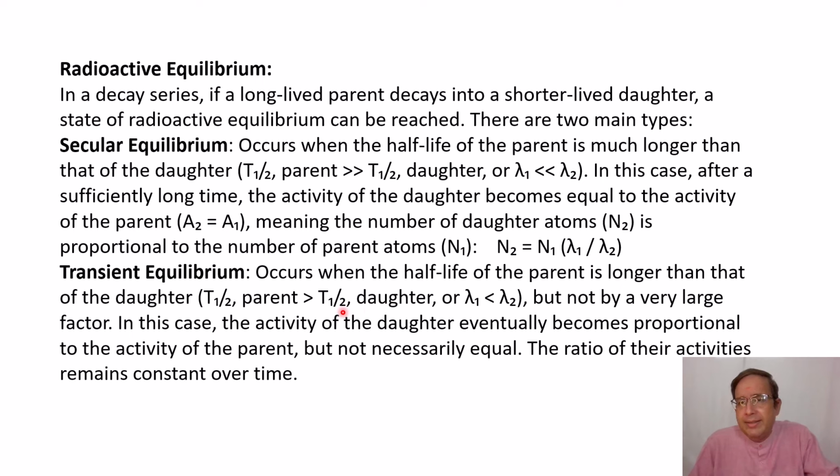In that case, the activity of the daughter eventually becomes proportional to the activity of the parent, but not necessarily equal. So in the first case activity becomes equal, but in the second case it becomes proportional, and the ratio of the activities remains constant over time in the case of transient equilibrium.